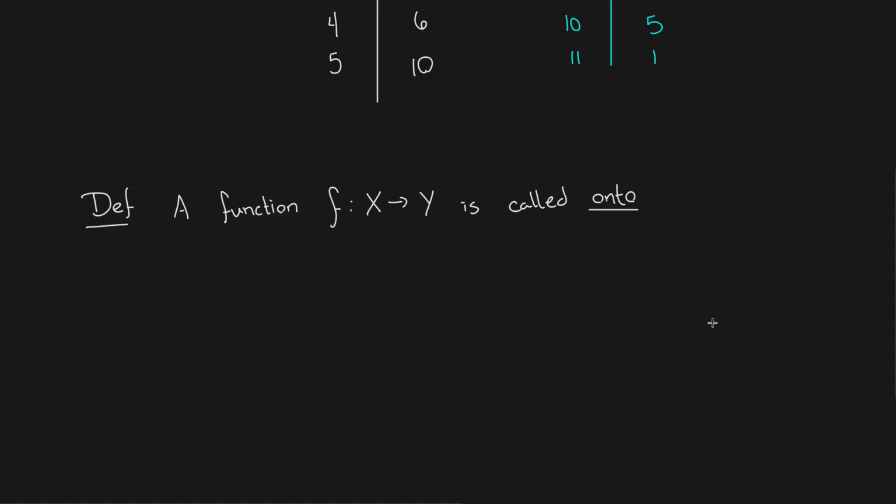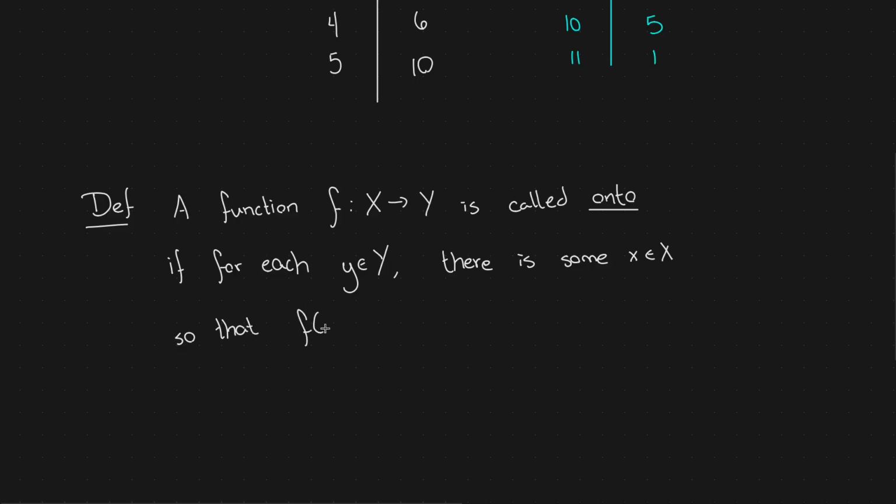Function f is called onto if for each value y in codomain y, there is some value x in domain x so that f of x equals y.